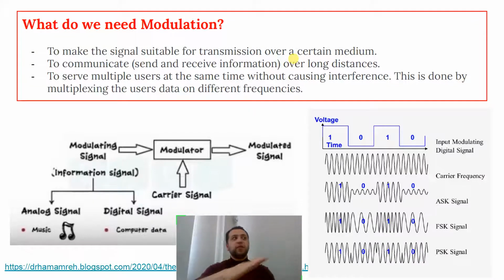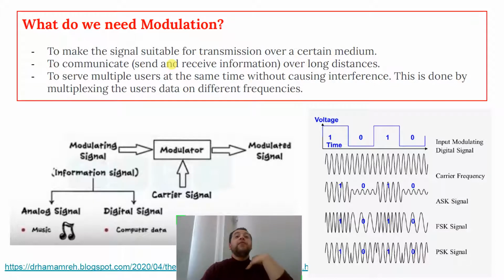That's why I need to modify my voice signal to a different frequency so that it can pass through and reach my receiver. This is 1, to make the signal suitable for transmission over a certain medium, because the medium bandwidth, the medium frequency, is different than the frequency of my voice, for example, or the data.